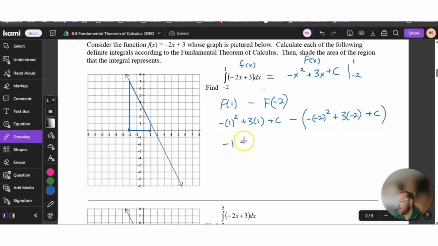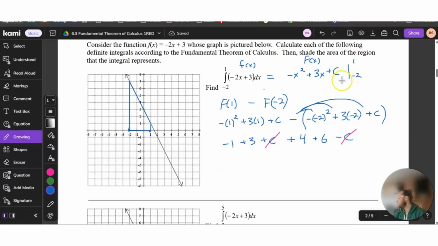This is going to be negative 1 plus 3 plus c. Negative 2 squared is 4, so minus 4, plus 4. Negative 6 times negative 1, because we have to distribute this negative in, plus 6 minus c. What happened to the c's? They cancel. If I'm adding and subtracting the c's, they aren't going to matter.